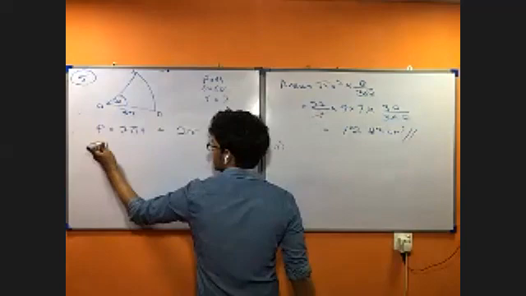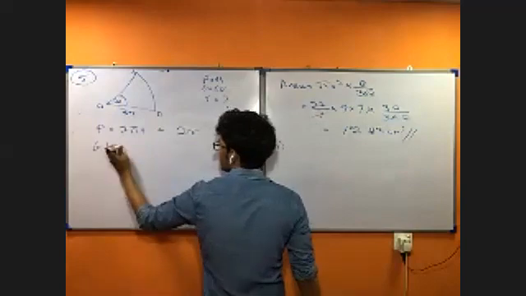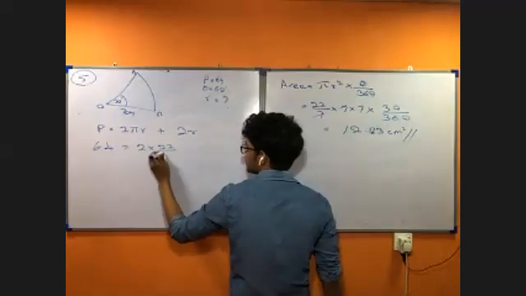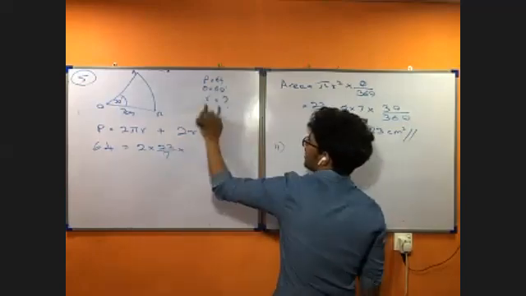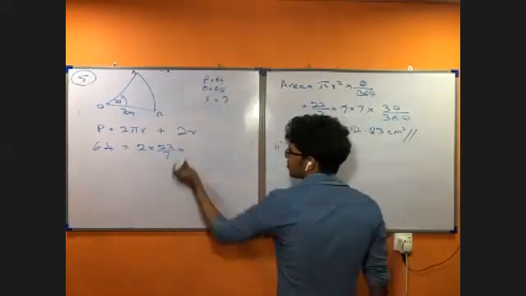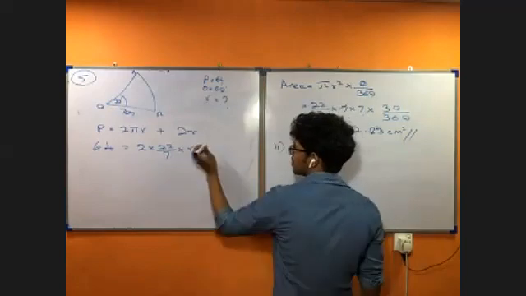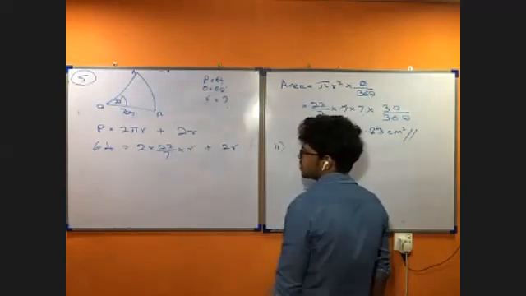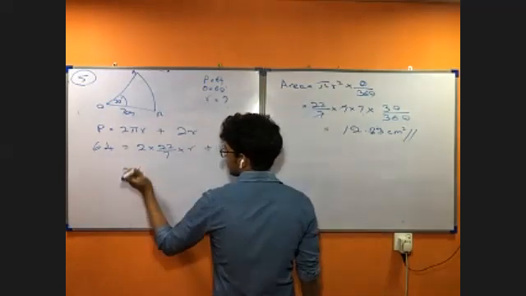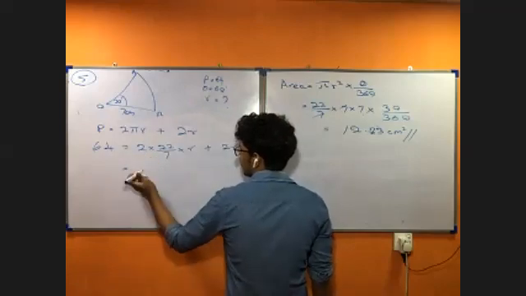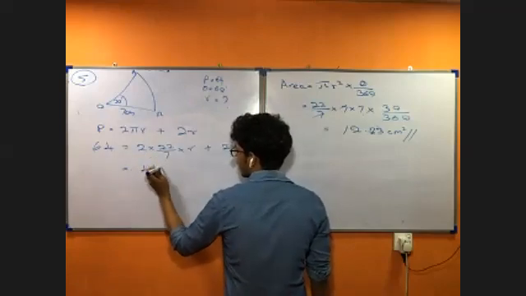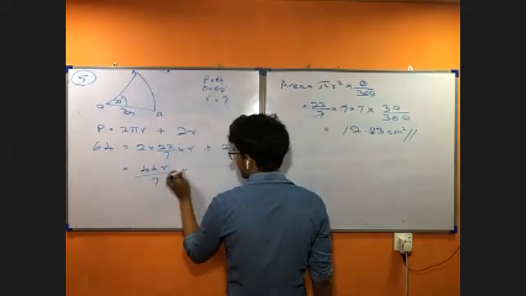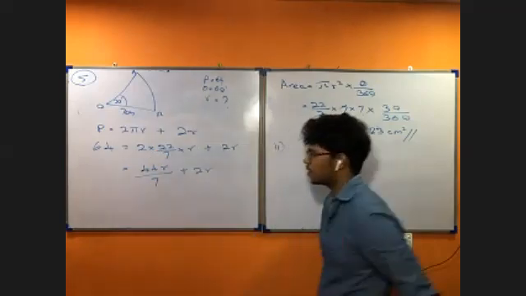So 64 plus 2 pi r, 2 multiplied by 22 over 7 multiplied by the radius. I don't know the radius, right? So I'll keep it as r plus 2r. So this is going to be what? 44r over 7 plus 2r.